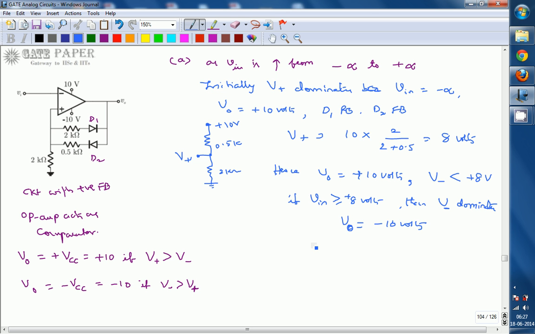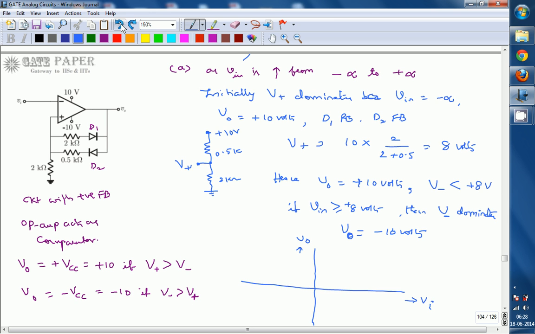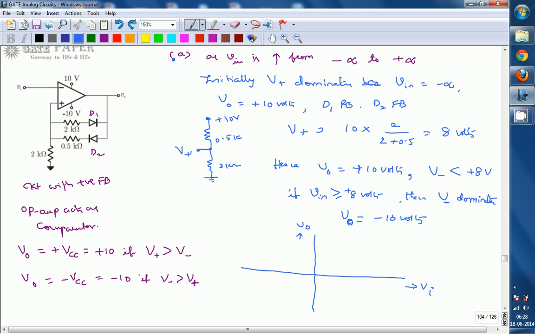So you can write this as a transfer characteristic in this way. This is Vi and this is V0. It will be at plus 10 volts. So this is Vi equal to 0, it goes to minus infinity, and you are going towards positive infinity. So the output voltage will be at plus 10.